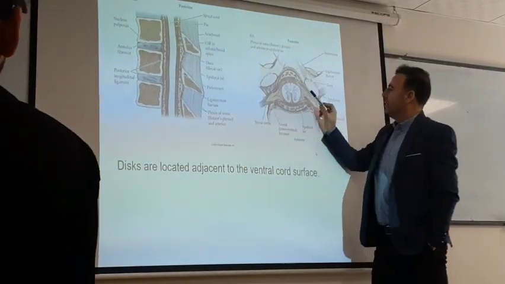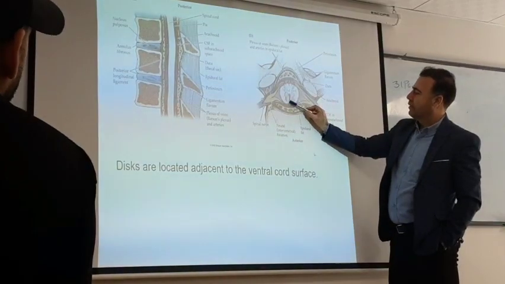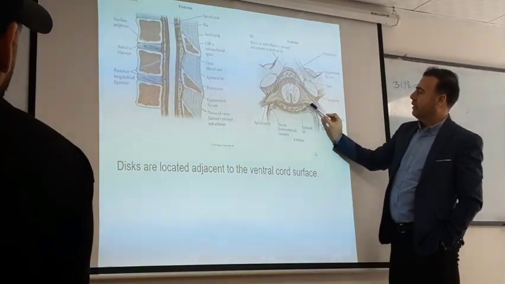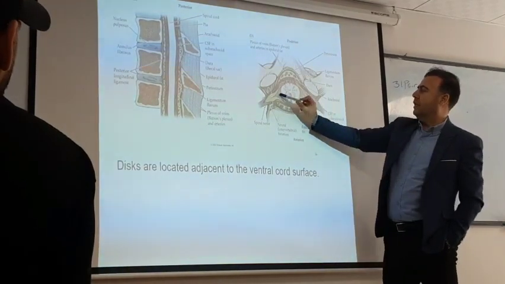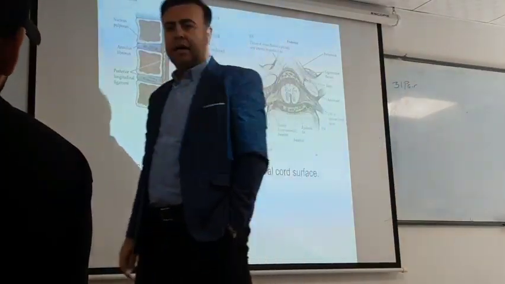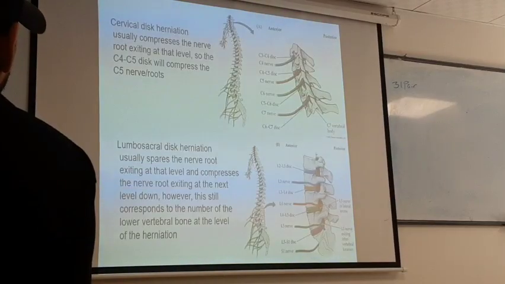You see this spinal cord, this pia mater, this arachnoid, this dura mater. This is the subarachnoid space. The subarachnoid space has CSF.